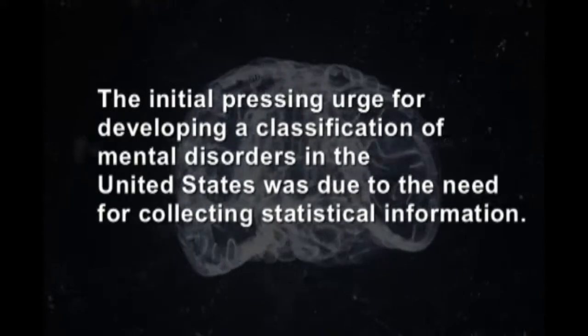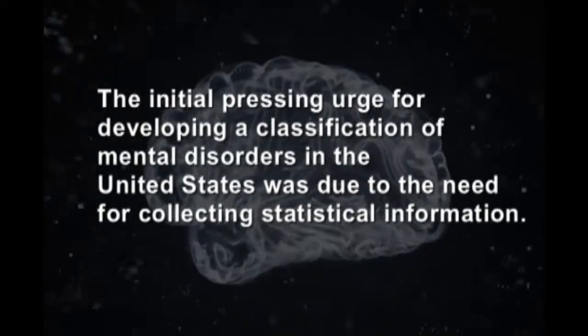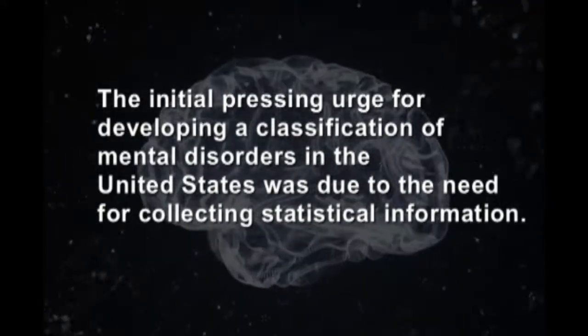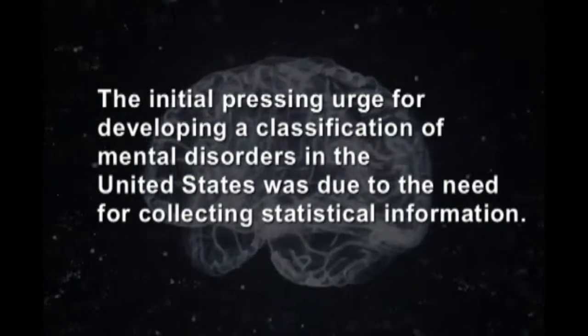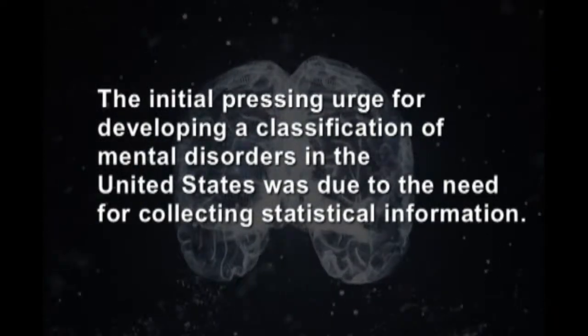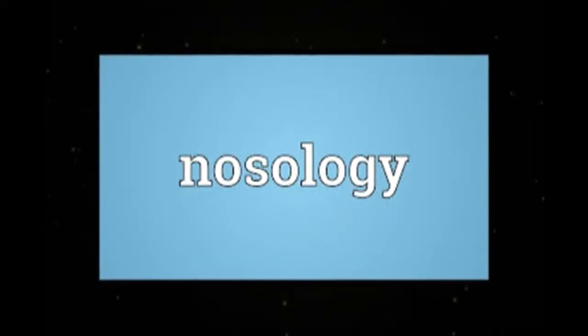Initially, the process of developing a classification system of mental disorders in the United States was due to the need for collecting statistical information. The first official attempt was the 1840 census, and 3 years later this led to an official protest stating that there were most glaring and remarkable errors in the statements pertaining to what is called nosology.